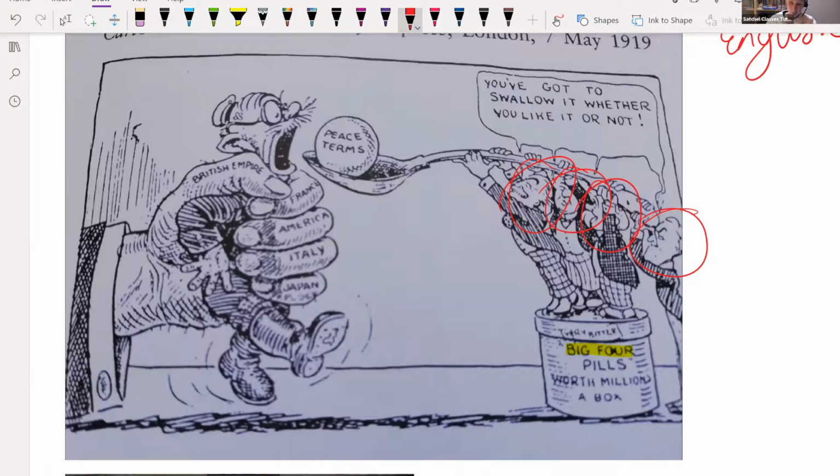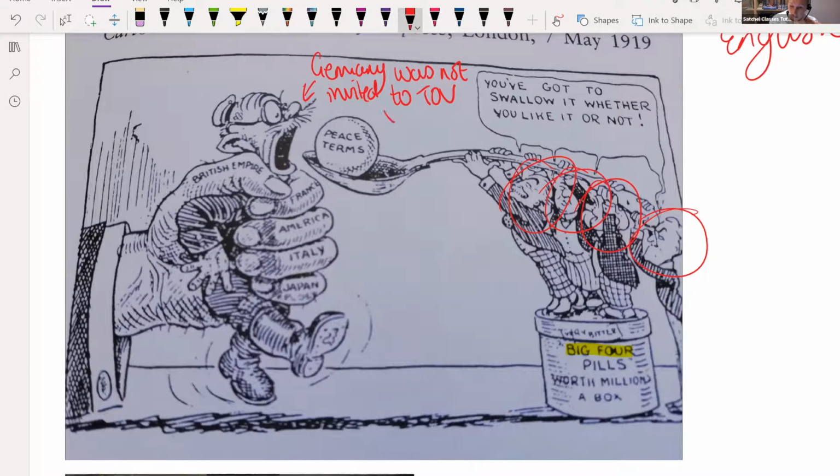Now, contextual knowledge here, Germany was not invited to the Treaty of Versailles, right? They weren't involved in the peace conference at all. They were just told to turn up and given the peace terms, and they had to sign it, right?